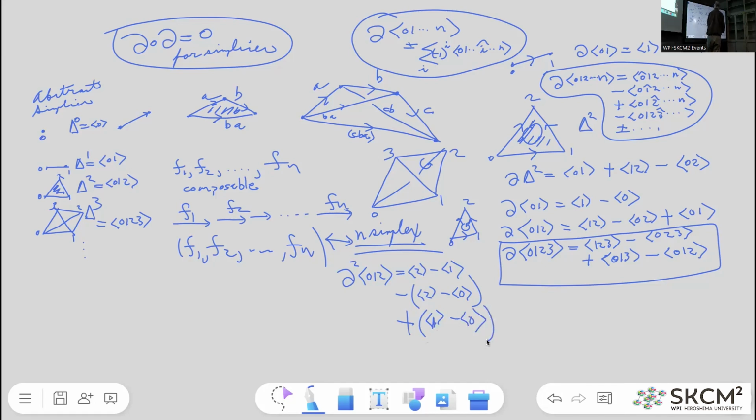And now, if I'm lucky, it will all cancel out. 2 cancels with minus 2, minus 1 cancels with 1, and minus 0 cancels with minus 0. So this is 0. And so exactly the same combinatorics is working to tell you that if you define the boundary of a simplex this way, then you'll have the boundary composed with the boundary that's equal to 0.